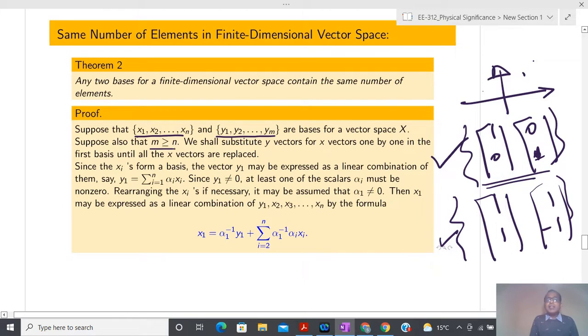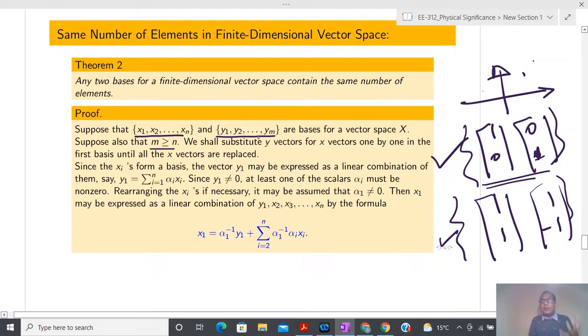Since m is greater than or equal to n, I start representing each vector x as a linear combination of these vectors. I am going to represent x1 in the form of y1, since m greater than or equal to n means this contains a larger number of vectors.